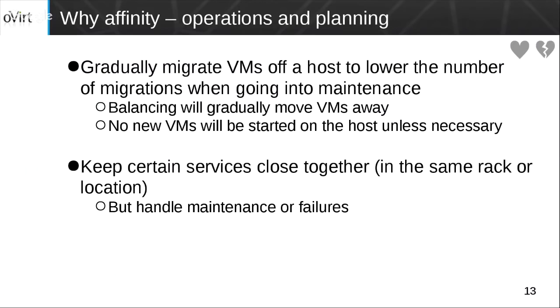And with time, these VMs will migrate off the source host. So when we want to put the host in maintenance, it will have no VMs or a minimum amount of VMs, and it will be easier to put the host into maintenance.